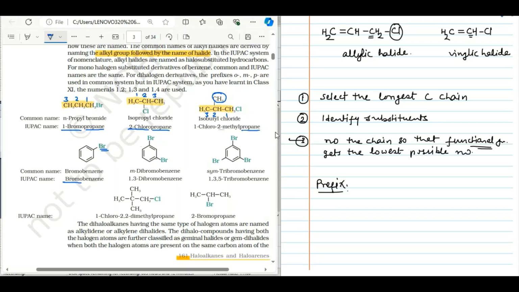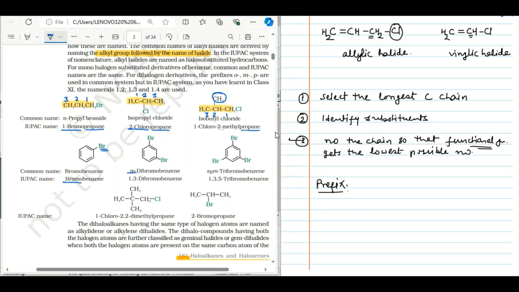Now come to the next example. Here it is a bi-substituted halogen compound. Here there are two bromine groups which are bonded to the benzene ring. As they are in alternate positions, in the common name you can say meta. But in IUPAC we do not use ortho, meta or para.